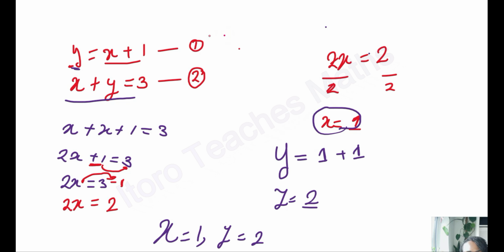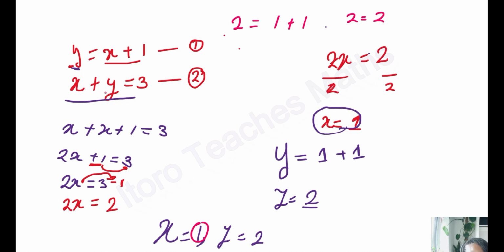So over here, what did we say y is? y is 2. 2 equals x, which is what? We said x is 1. So x is 1 plus 1. So 2 equals 1 plus 1, which is 2. 2 equals 2. Correct.